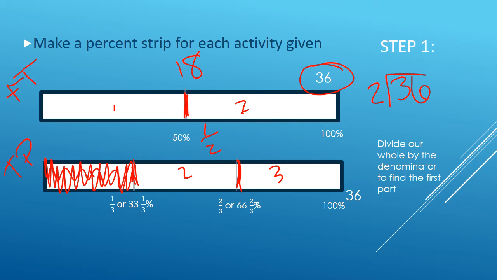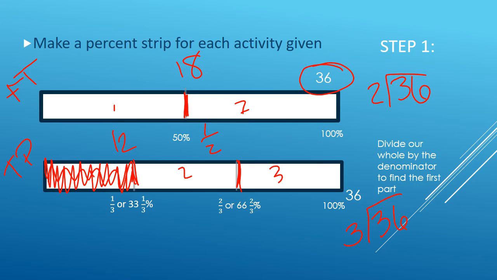And I need to find that number. So all I'm going to do is divide 36 by 3 to find my 1/3, my first part. So that would be 12. So he spent 12 days practicing three-pointers.